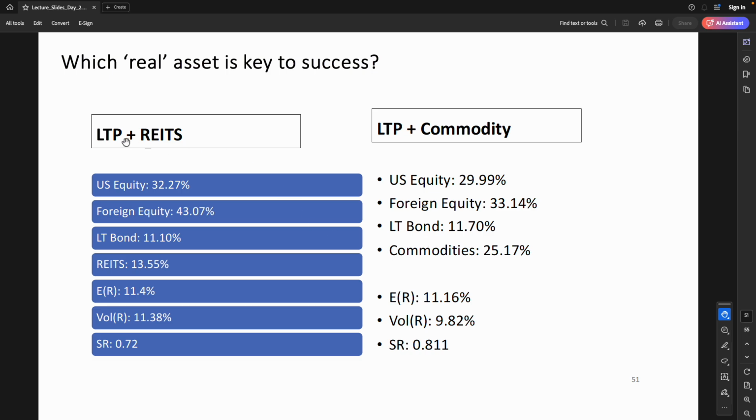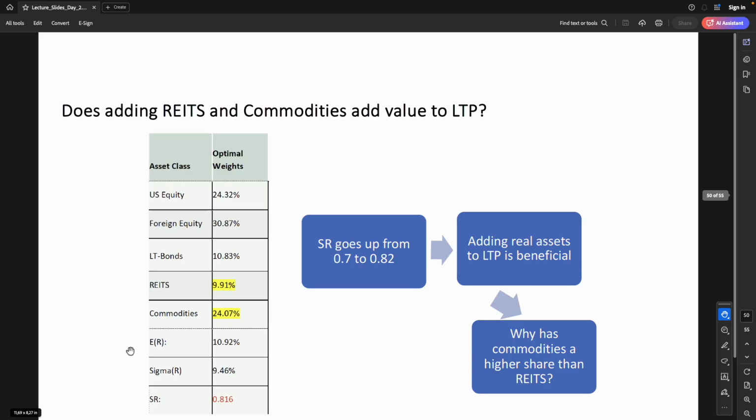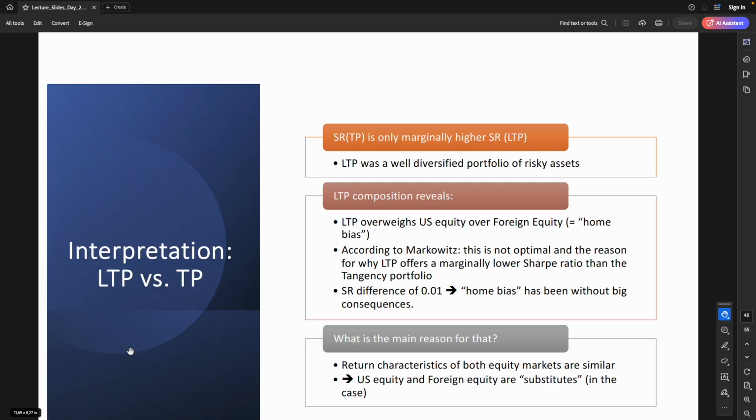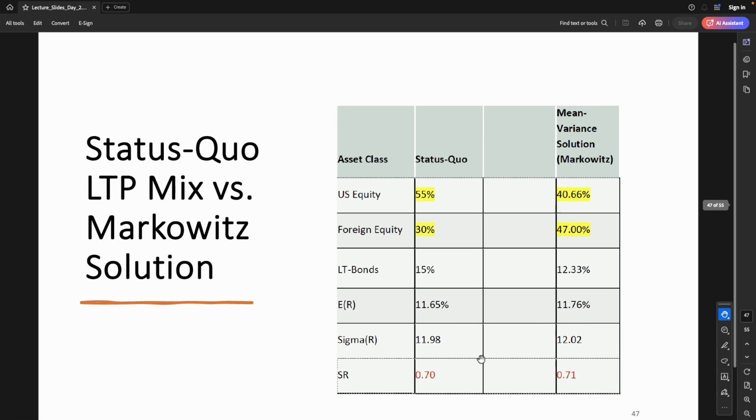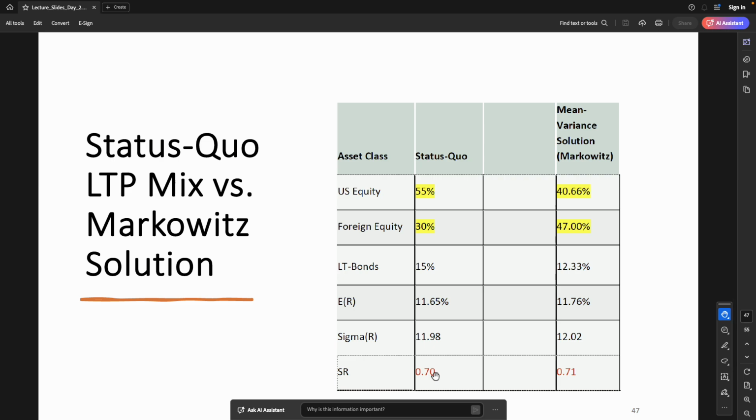And if you do LTP plus REITs, you see the Sharpe ratio goes to 0.72. And the original one in LTP was 0.71. So it would increase again a little bit. Again, the typical bachelor students would say, yeah, that's a big improvement. I want to highlight for you, that's not a big increase. 0.7, 0.72.